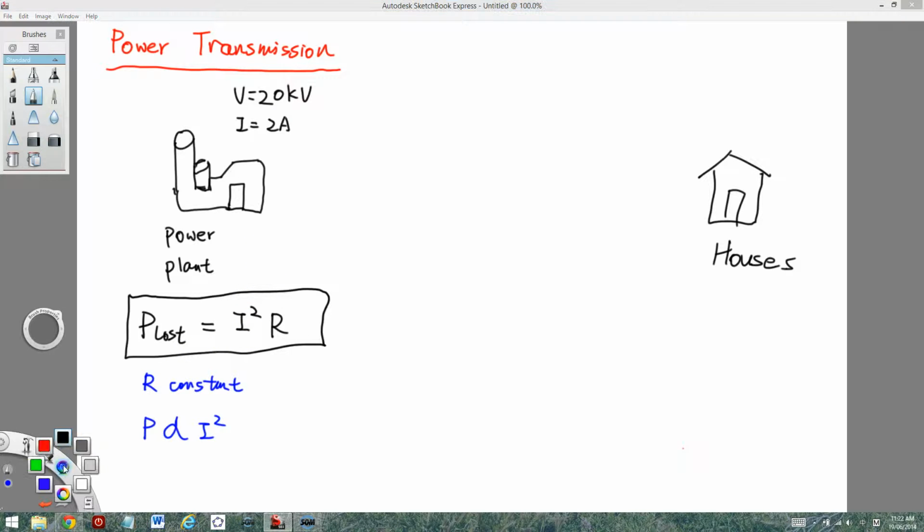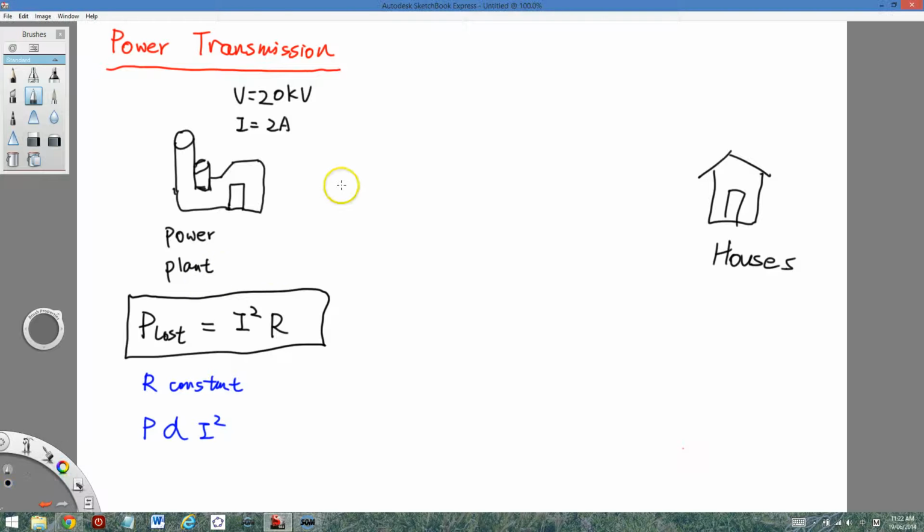So in order to reduce the power loss, what we invented was transformers.